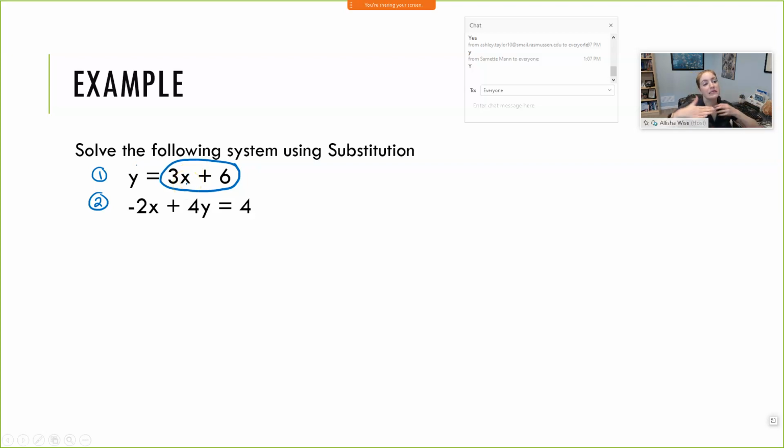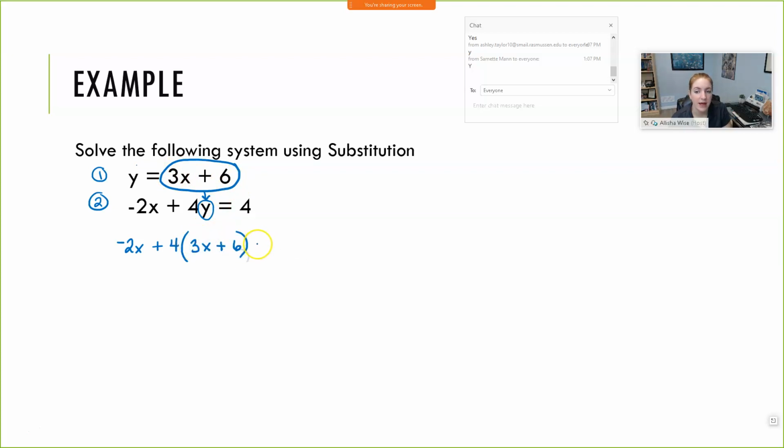Step 2 is I'm going to substitute it into the other equation. I need to substitute it in for the variable that it's set equal to, so I'm going to plug it in for y. Rewrite this equation: negative 2x plus 4 times, and now I'm replacing y with this expression because they're equal.